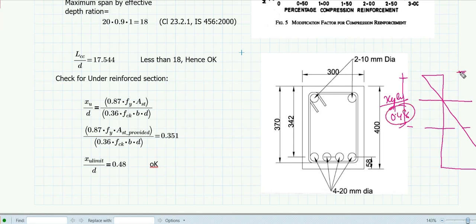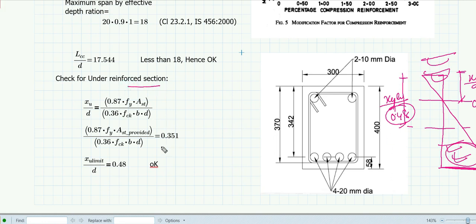And for our case, the Xu by d we are getting is 0.351. That means steel will yield first before the concrete, so this is the condition for an under reinforced section.